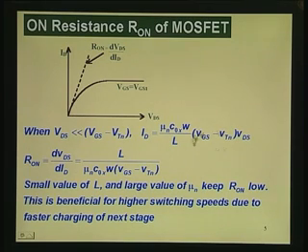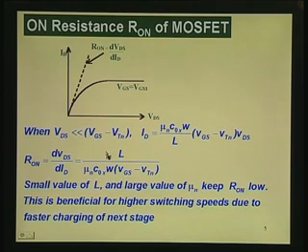ID is linearly related to VDS in this portion. For a given VGS, if you increase VGS, this quantity becomes less, ID becomes more. That means VDS divided by ID becomes this quantity, or delta VDS by delta ID is actually this quantity.